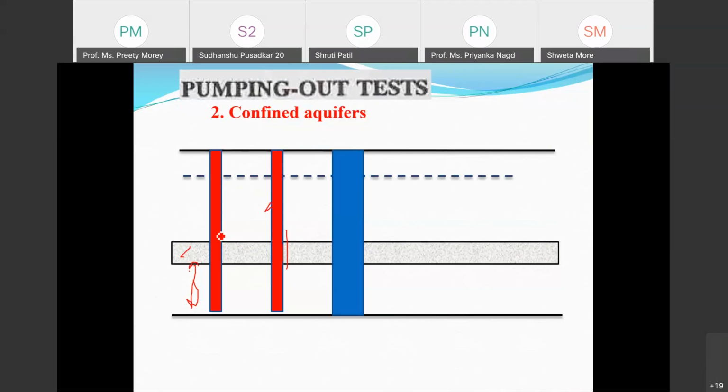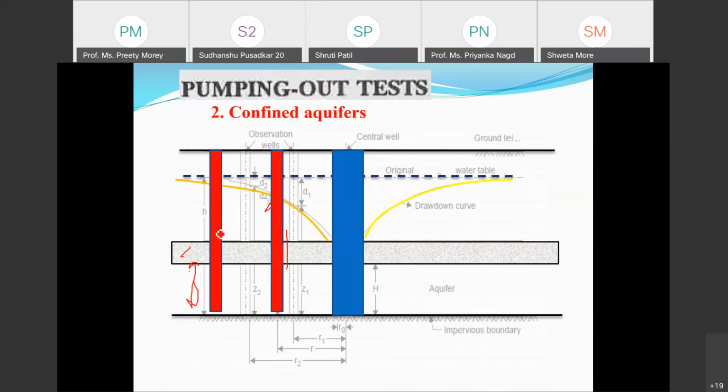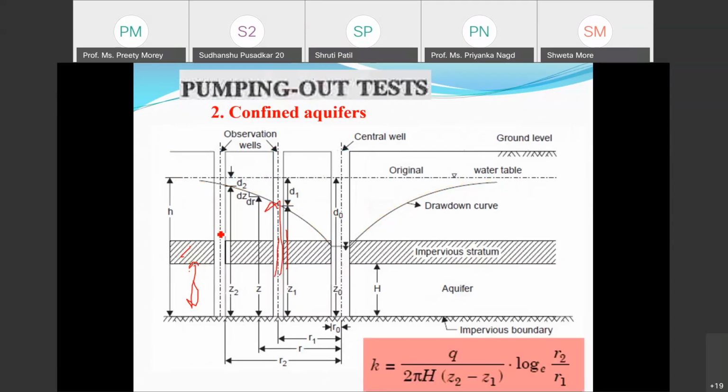This water level is the deflected one. When I puncture it, I get these values. This H is the height of the aquifer, which you should know, and then I can use this equation. The earlier equation was different. This equation is: K equals Q upon 2 pi H (Z2 minus Z1) log e of R2 upon R1. In detail, you can go through the books where you will get all these equations.